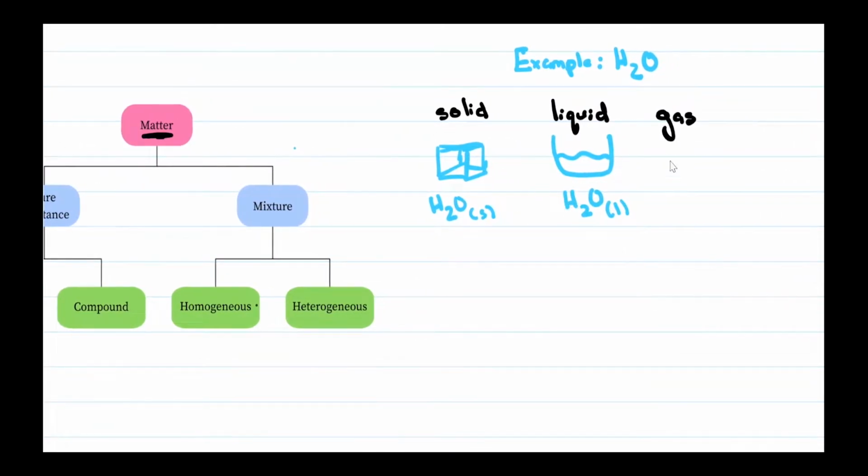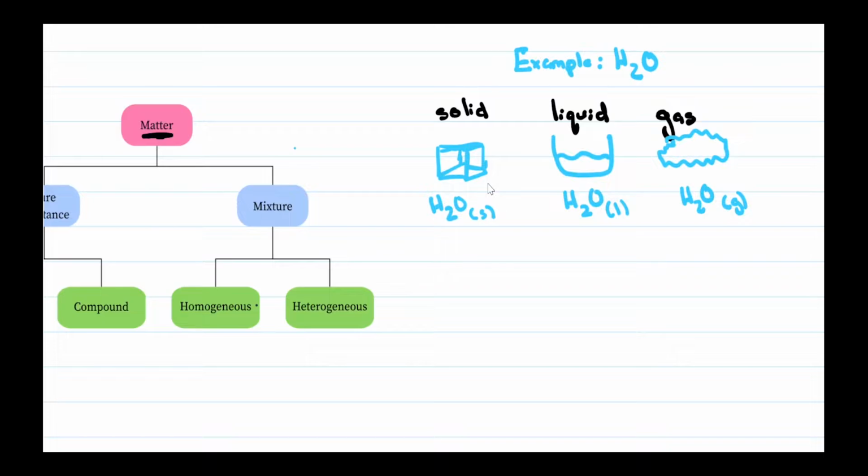And next, let's look at gases. Gases are pretty difficult to draw or just envision in general, so I'm just going to make a quick cloud. That's going to be H2O in the gas phase. So these are the three phases, and if you look at gases, they're very dispersed. They're the complete opposite of solids.